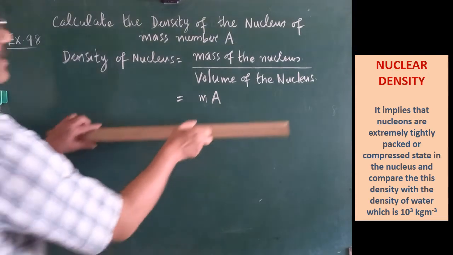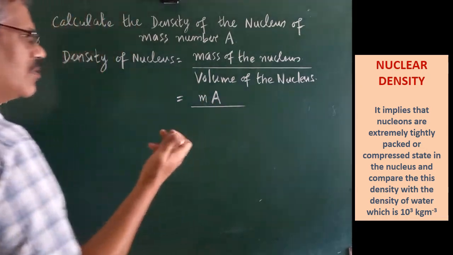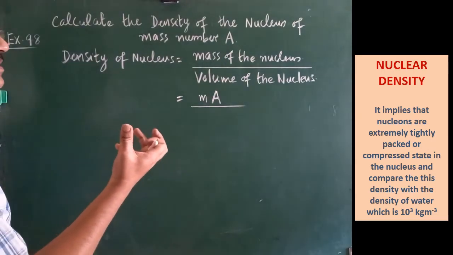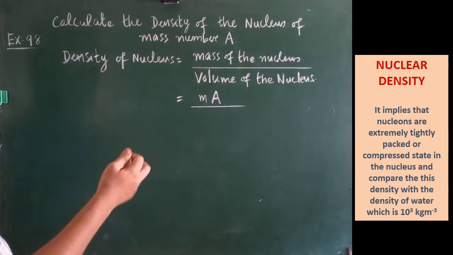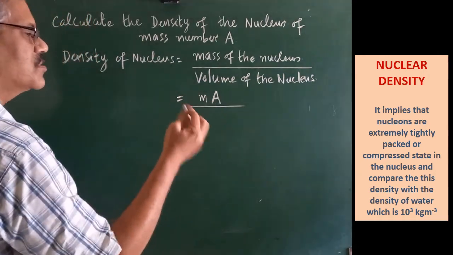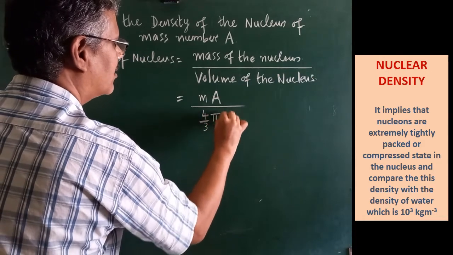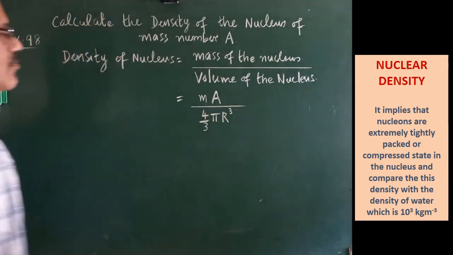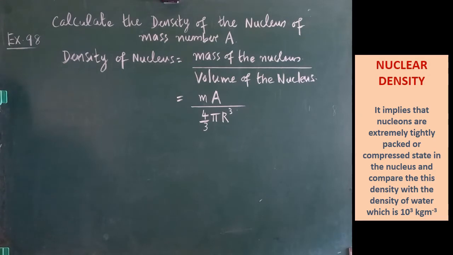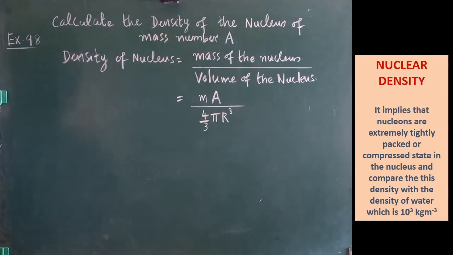After that, in the denominator, the volume of the nucleus is taken as spherical in shape. Therefore, the volume of the nucleus is equivalent to the volume of a sphere, 4/3 pi r cube. Here the nucleus is assumed to be spherical.